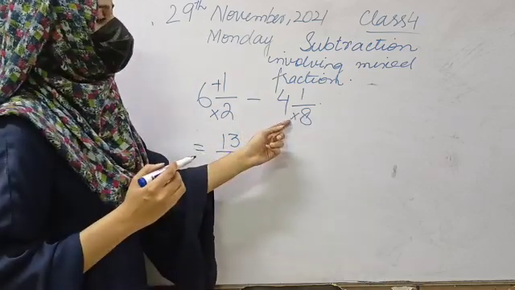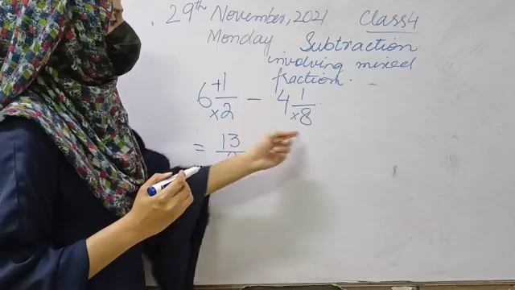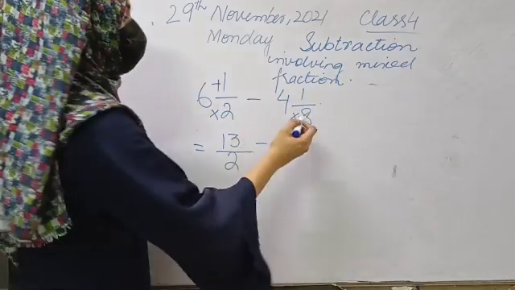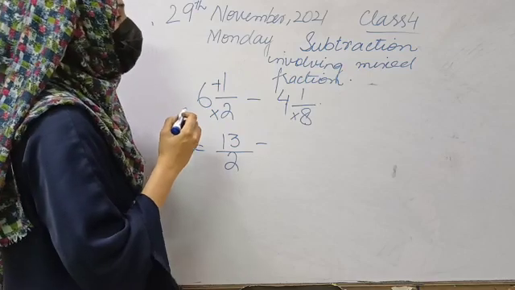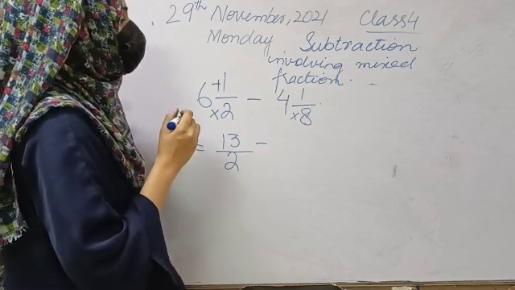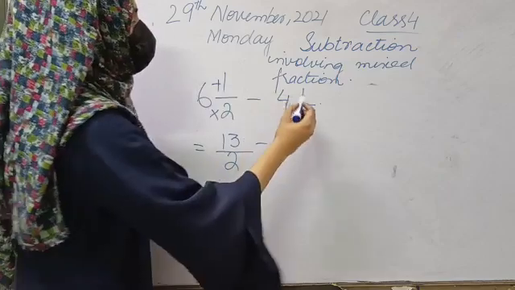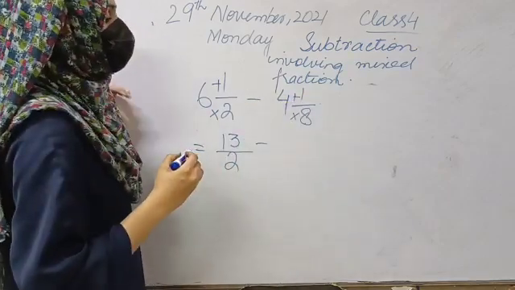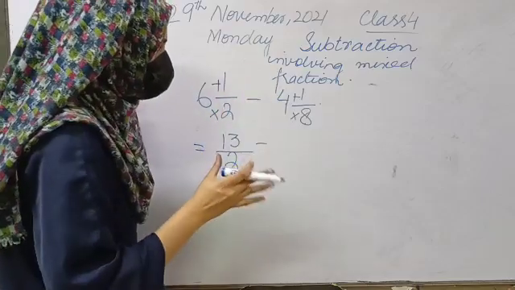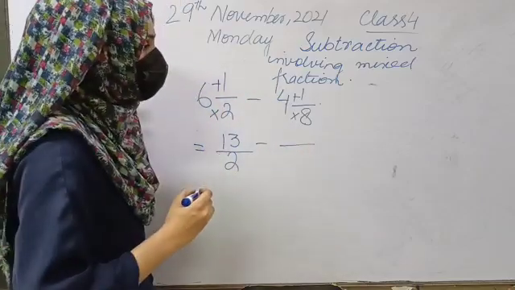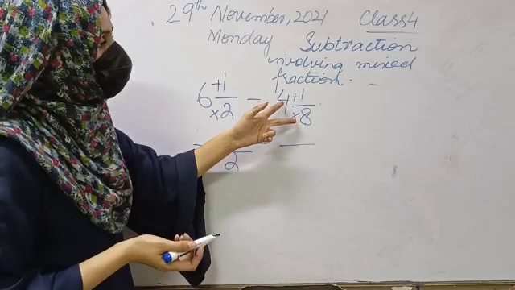Now I will solve this mixed fraction. 8 4 times is 32, and I will add 1 into it to get the numerator part. ठीक है? अब मुझे न्यूमिनेटर पोर्शन चाहिए था. क्या करूंगी मैं? What would I do?